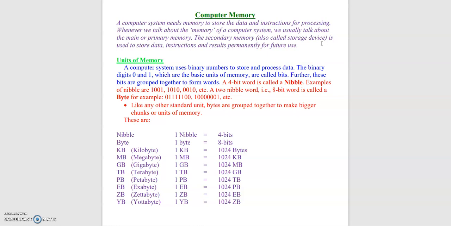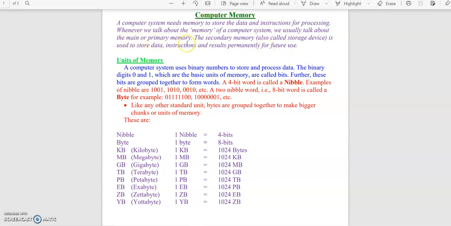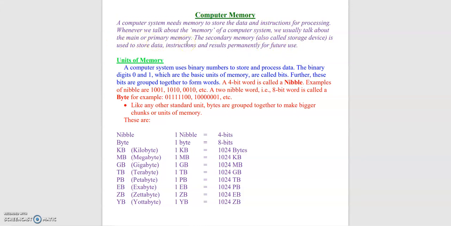So, in the introduction itself, we have seen we have the main memory, the primary memory, that is one, and the second one is the secondary memory. And the secondary memory stores the results of our instructions permanently for future use. Now let us see how we store memory.